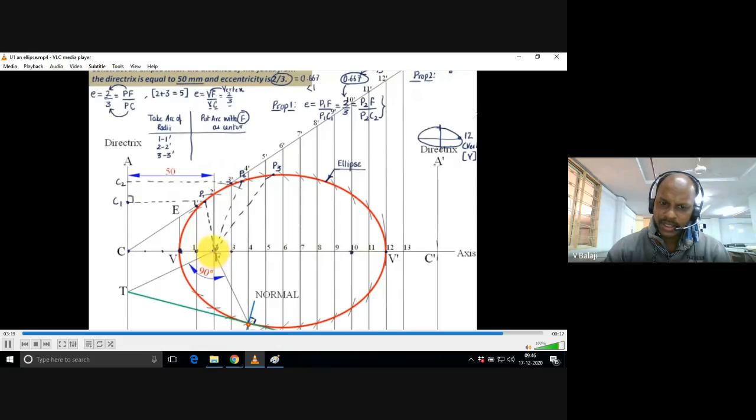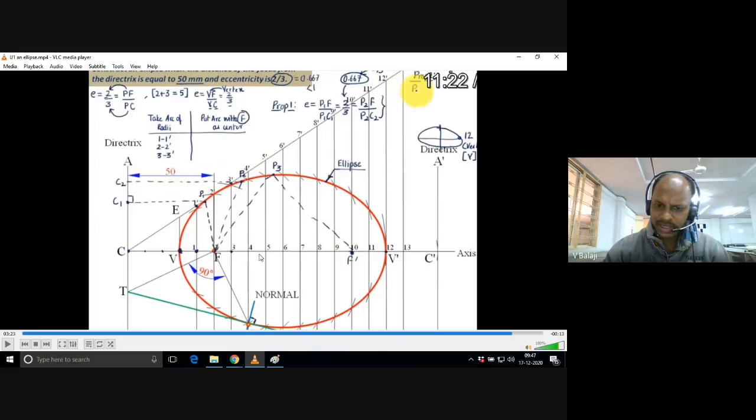Suppose you take any point on the curve, let us take any point P3. If you join P3 to F and P3 to F dash and add these two distances, the sum of P3F and P3F dash is equal to, now you can tell me, the length of the major axis.